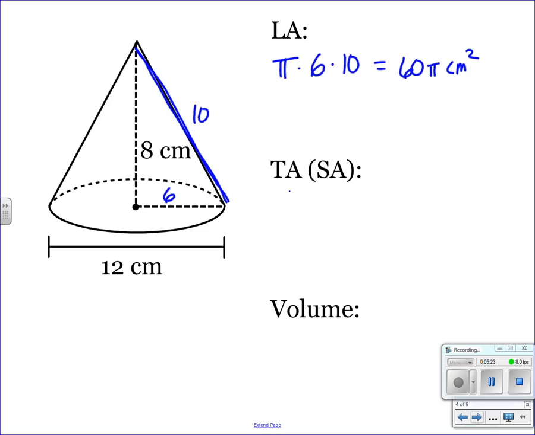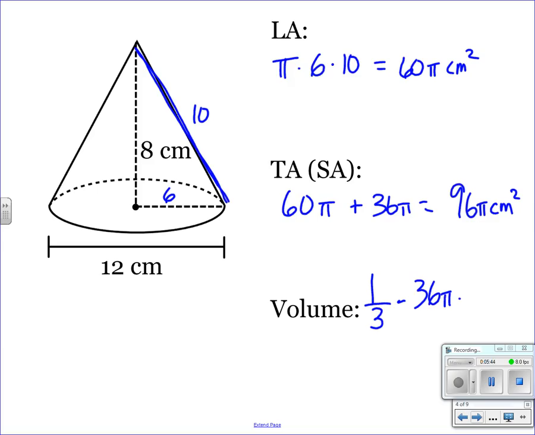For total area, we take the lateral area plus the area of the base, which is 36 pi, to get 96 pi square centimeters. Volume is 1/3 area of the base times the height, which is 8. So that is also 96 pi, but now we're talking about cubic centimeters.